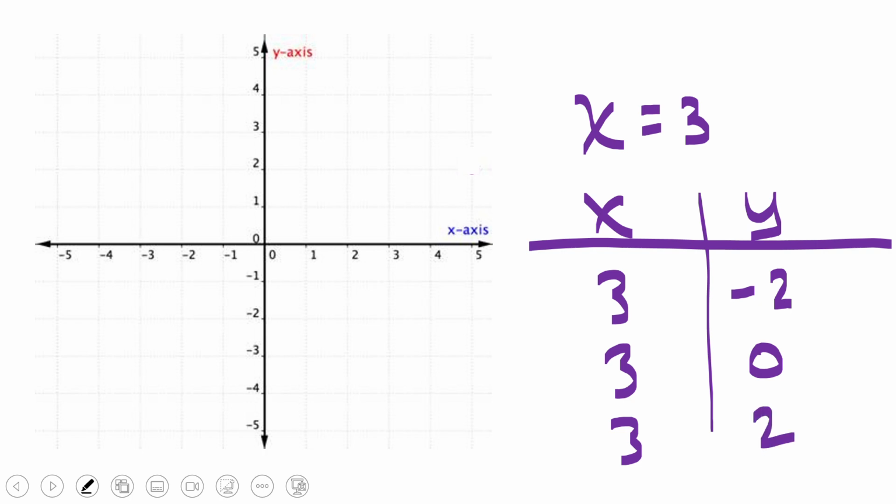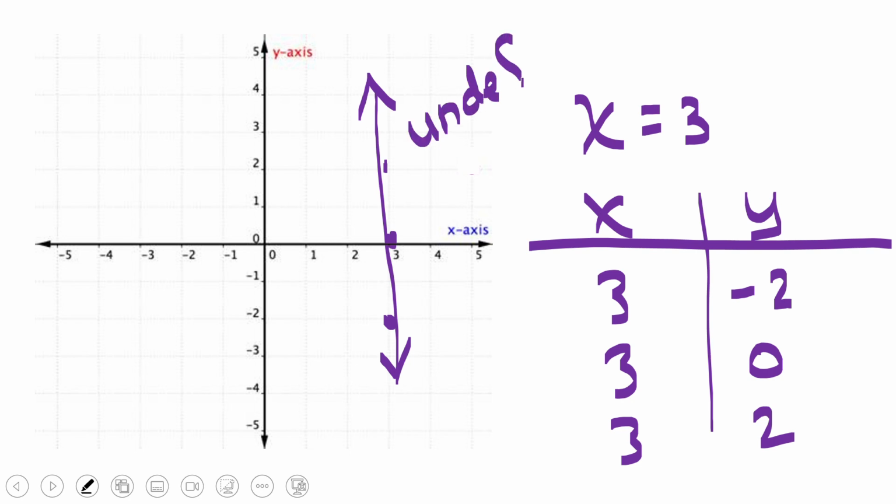So x is always 3. We have 3, negative 2 to plot, 3, 0, and 3, 2. Connect our dots, our graph of our expression, x equals 3. Okay, this is undefined, and from the vertical line test it is not a function.